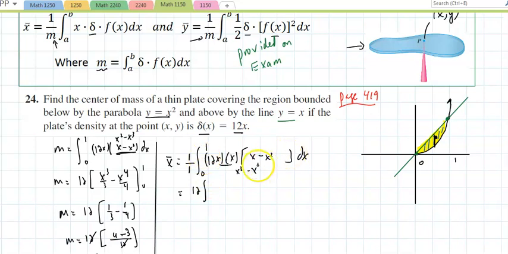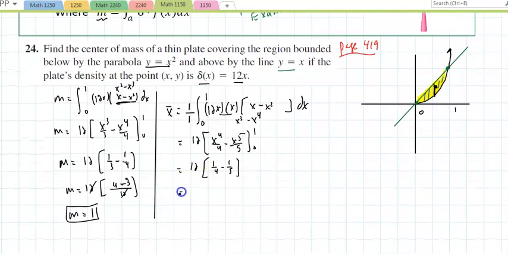So I could simply integrate that and say that is x to the 4th over 4 minus x to the 5 over 5, evaluated from 0 to 1. That's 12 into 1/4 minus 1/5, and that is 12 times 1 over 20.